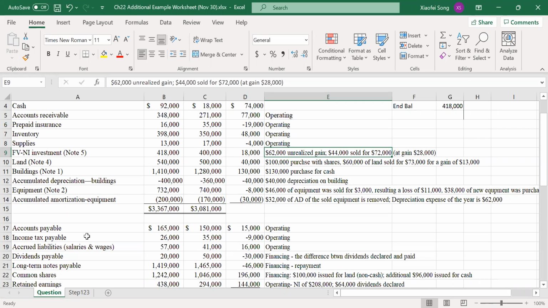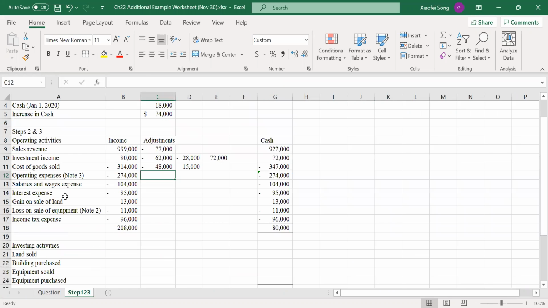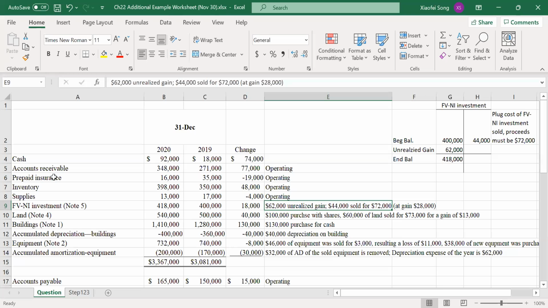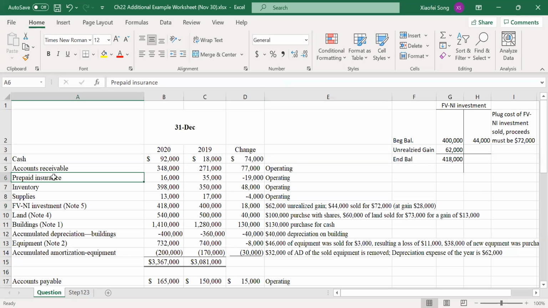I do not see anything other than that. I think our salary expense was actually separated from that. Anything else? Oh, prepaid insurance. That's also that.